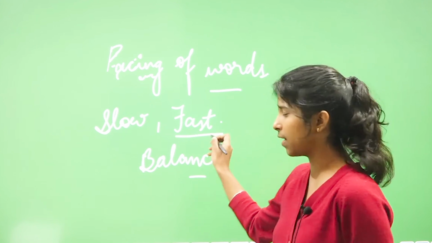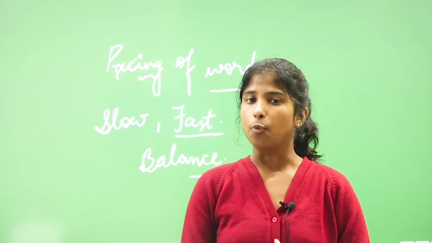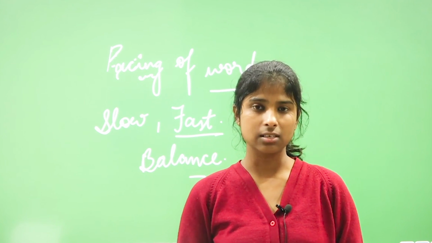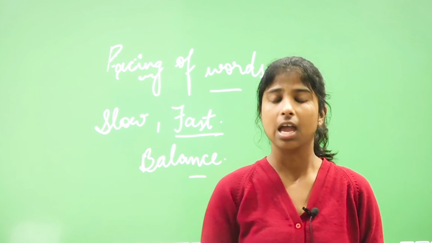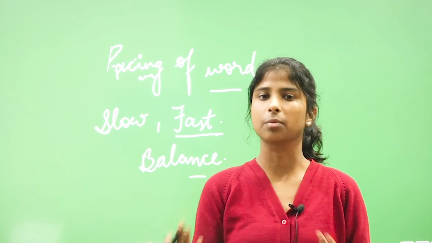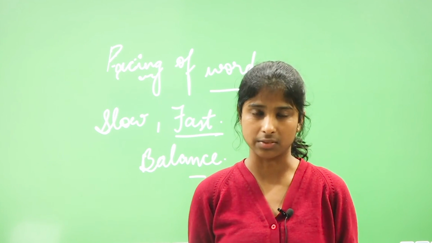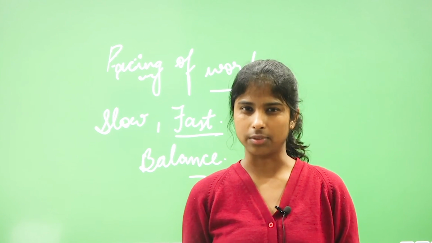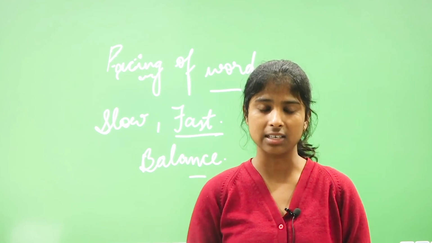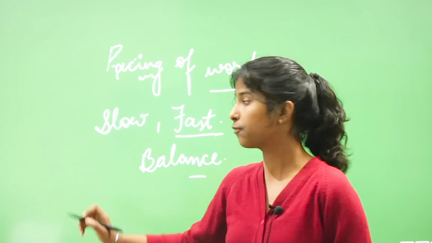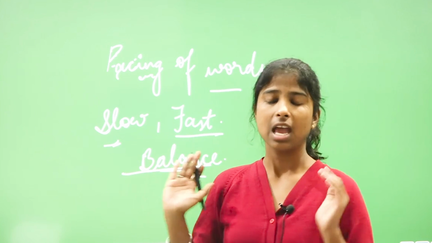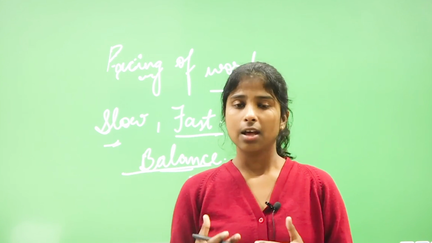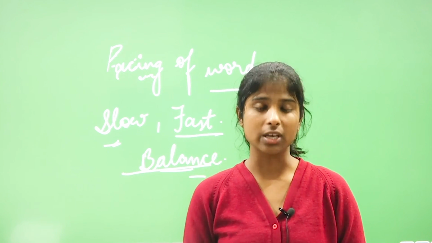Now, let me tell you a fact. When we try to speak fast, we think that we're going to sound like a native speaker, or we're going to sound very fluent. Our pronunciation is going to be correct, or people are going to think we're extremely fluent in the English language. But that's not the point. The point is if you're speaking fast, you tend to lose confidence. But if you're speaking at a balanced speed, a little slow and not too fast, then the clarity of your voice is something different.